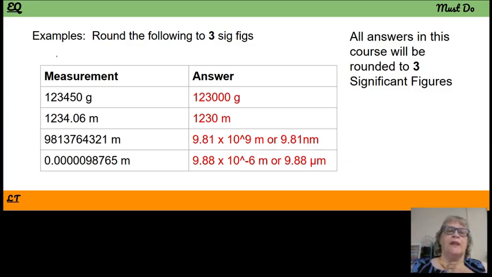So if our measurement is 123,450, we'd go 1, 2, 3. There's a 4 afterwards. So the 4, 5, and 0 turn to zeros, and our answer is now 123,000.